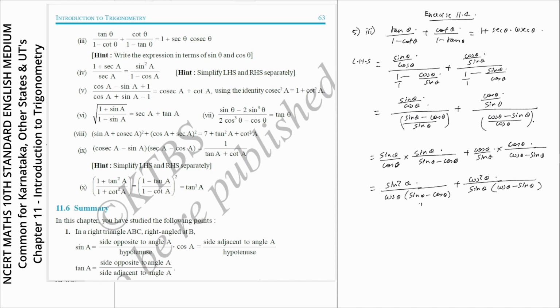Now you can see this is first term, this is second term. In both the terms, 1 by cos theta minus sin theta is common. This is common in both first and second term.